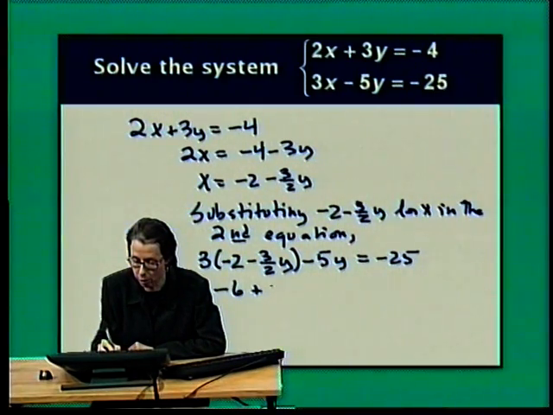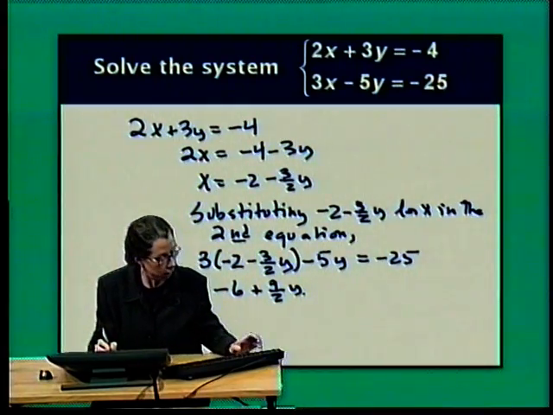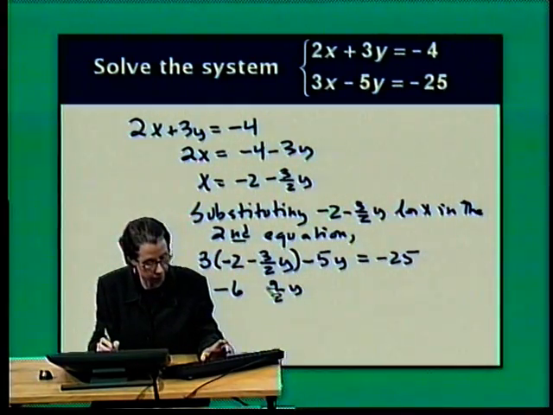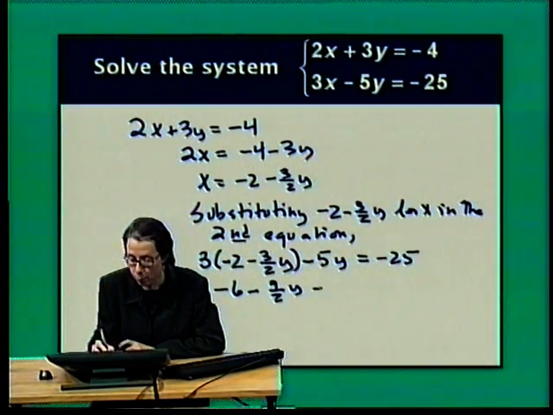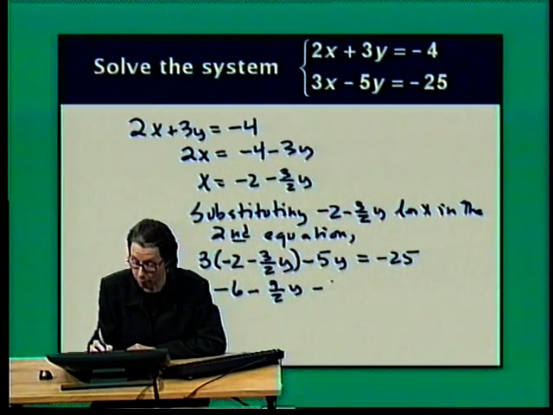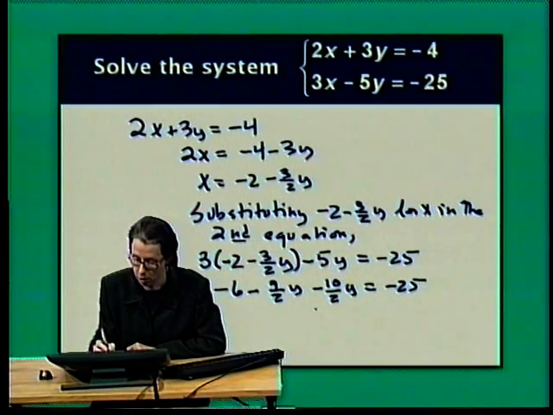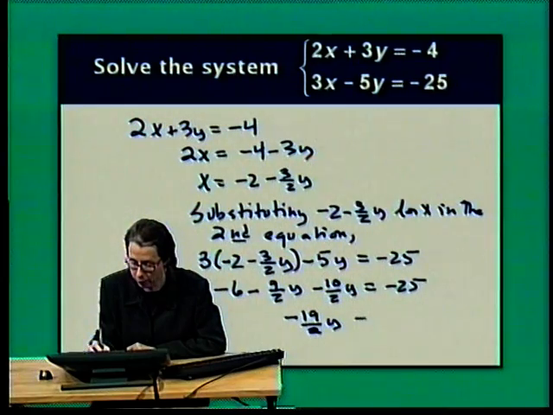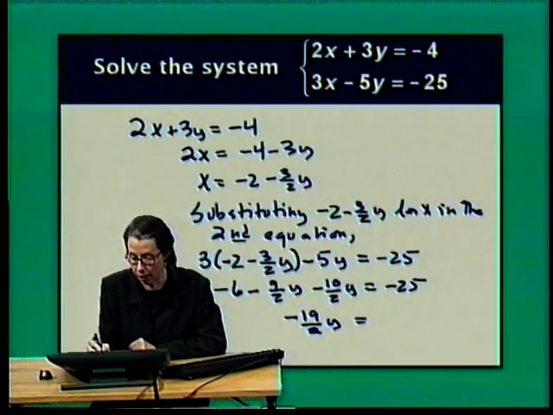Negative 6 minus 9/2 y minus 5y. Now when I write 5y, I'm going to write it as 10/2 y because I know I have to combine like terms. So I have negative 19 over 2 y equals negative 25 plus 6, which is negative 19.